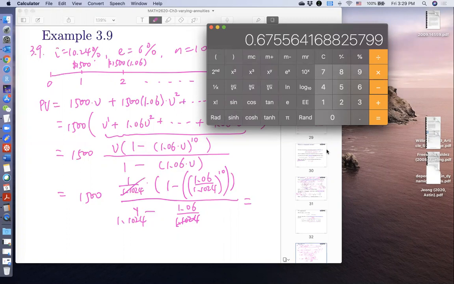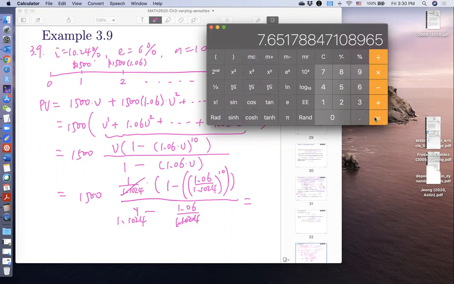Then I need to click on equals, because then it will do the subtraction, 1 minus the whole thing. So as you can see, it's 1 minus that. That's the numerator. Then I just need to divide by the denominator. Again, I'm going to do the subtraction, so I need to put the bracket to change the order of operation. Minus 1.06, close the bracket. That's the denominator.